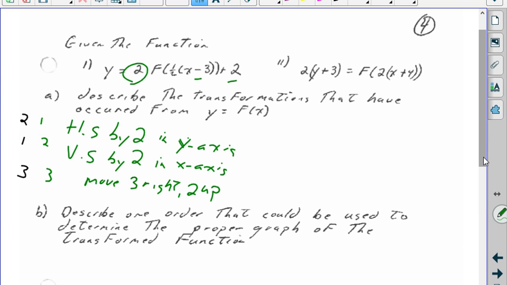With this one here, I encourage you to get into the habit of doing this just directly from that. Okay? But we can manipulate this. I'm going to multiply both sides by 1/2.